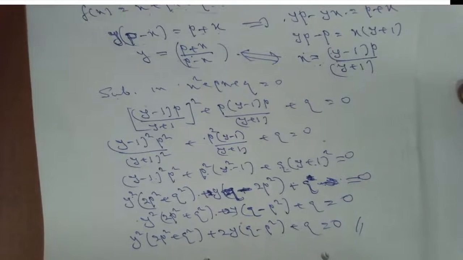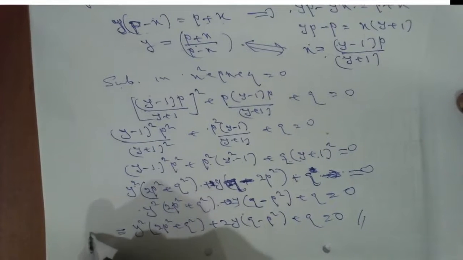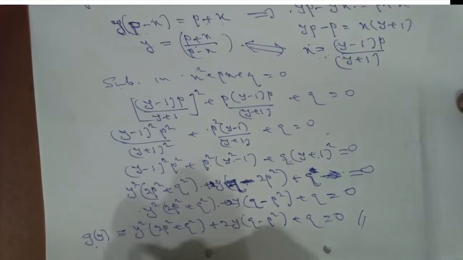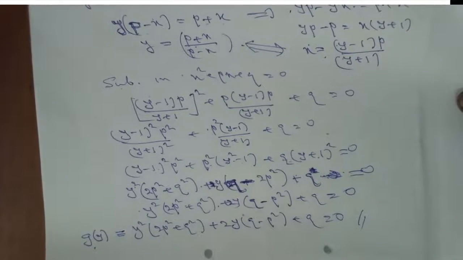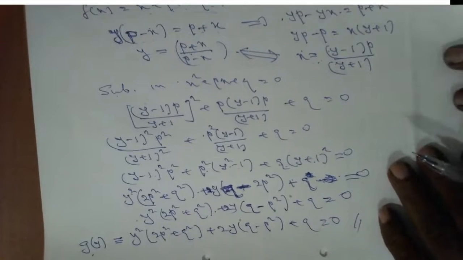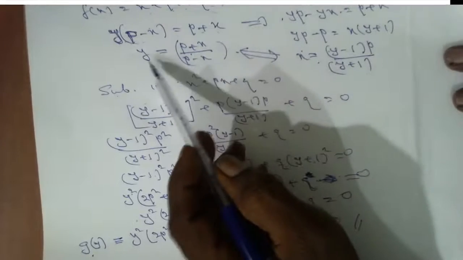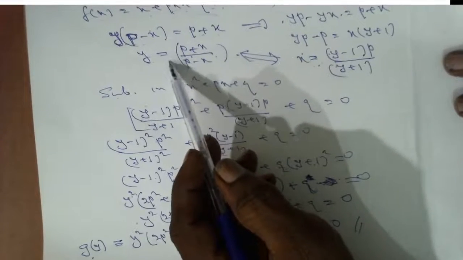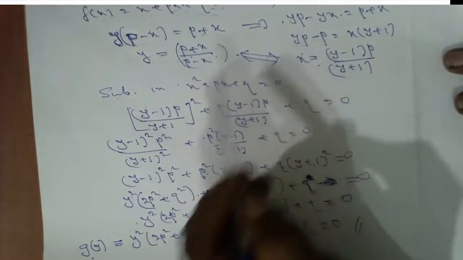Then what are the roots of this equation? We have taken this equation as g(y), right? Then the next part you have to find. Now you have a relationship in x and y.